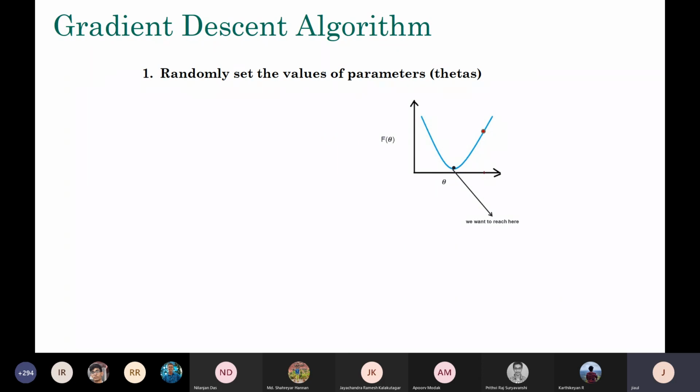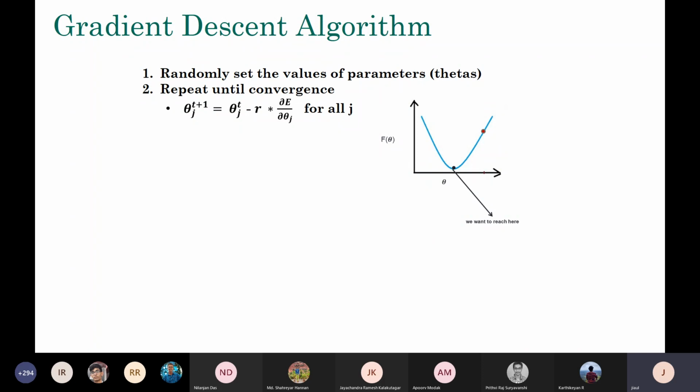Once we have that, then you repeat until convergence. It's an iterative process. Basically, you are continuously updating your values, that's why it's repeat until convergence. We will get to know the meaning of convergence in a moment. So what I do basically is apply my update equations for all parameters: theta t plus 1 is theta t minus R times this, the same old equation that I apply to all these parameters.